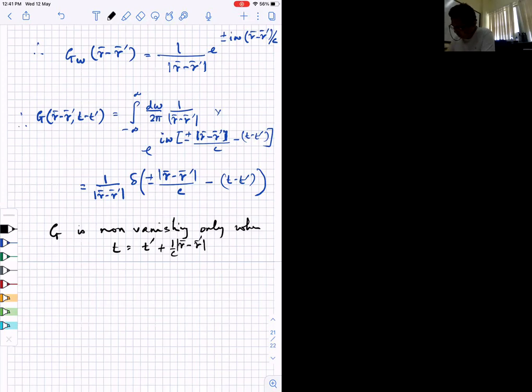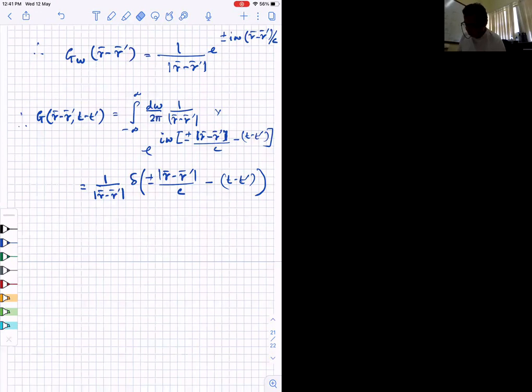Okay. So this is one part, the retarded Green's function, right? Exactly. I should write this line later. Hold on, I think I jumped one line. So let me first write it.